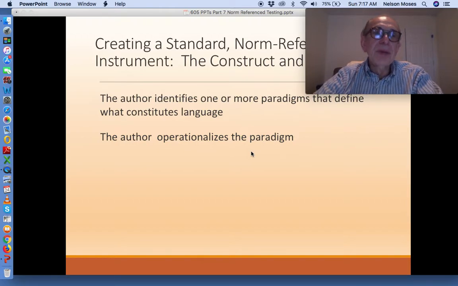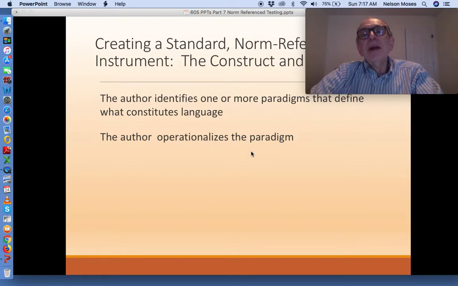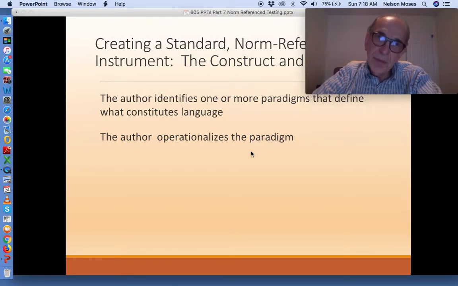So, for example, a paradigm like Bloom and Lahey gives us things to evaluate like content categories or syntactic structures. Well, a content category is a construct. You can't exactly see a content category, can you? That has to be operationalized.